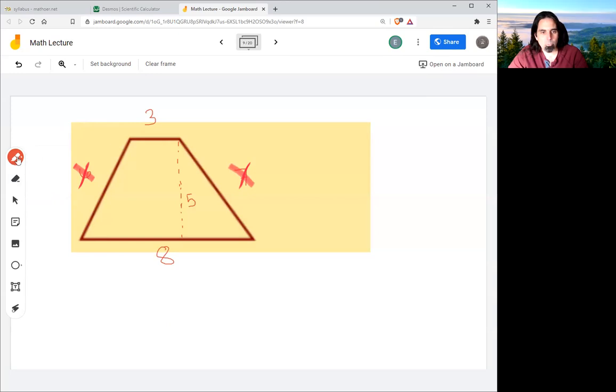Okay, so I could use my formula and say that the area for a trapezoid, again, you don't have to use little subscript shapes, that's just what I do, is top plus bottom times height divided by 2.